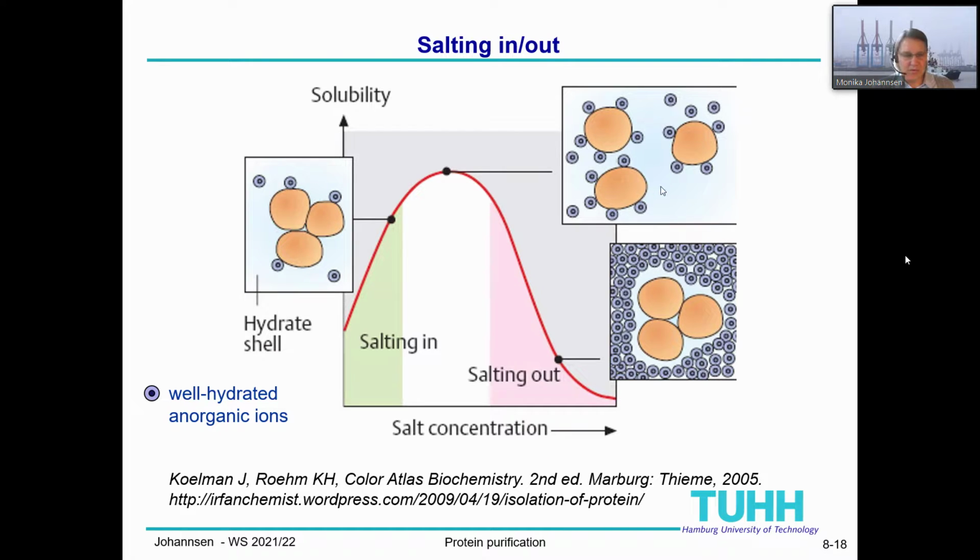So this is the optimum here then. This is the salting in, so the solubility is increasing here. And at very high ionic strength, the salt withdraws the hydrate water from the proteins, and thus leads to aggregation and precipitation here. And this is the salting out.